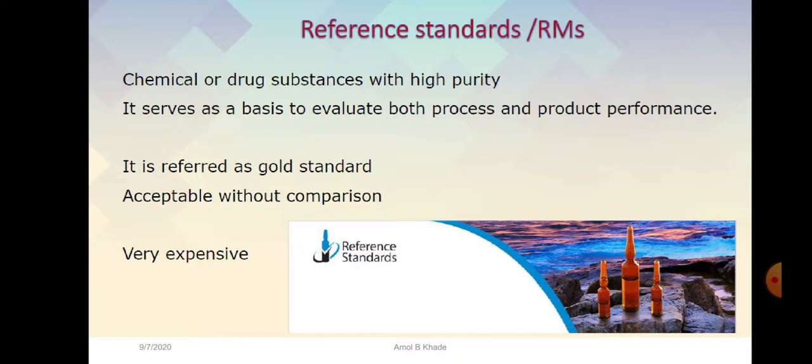It serves as a basis to evaluate both process as well as product performance, and it is referred to as a gold standard. Usually reference standards are very costly, because we need to attain a purity near 100%, and because of that they are very expensive, and usually they come in small volume.